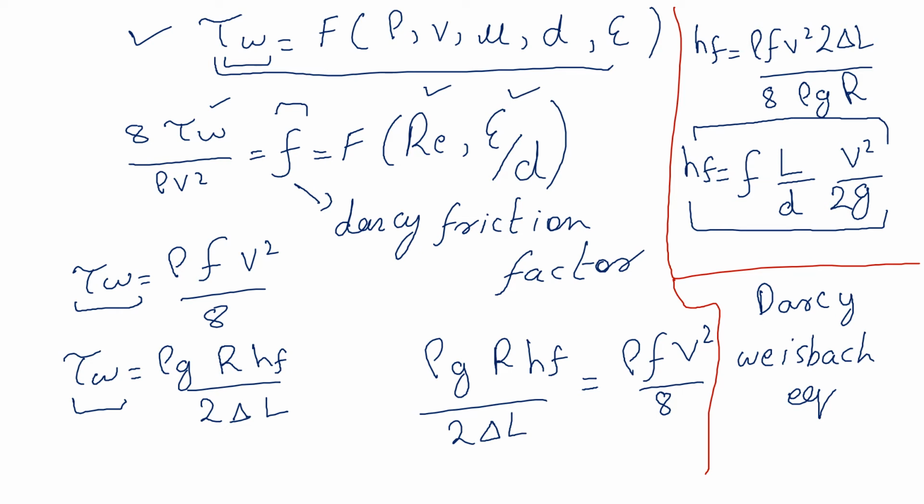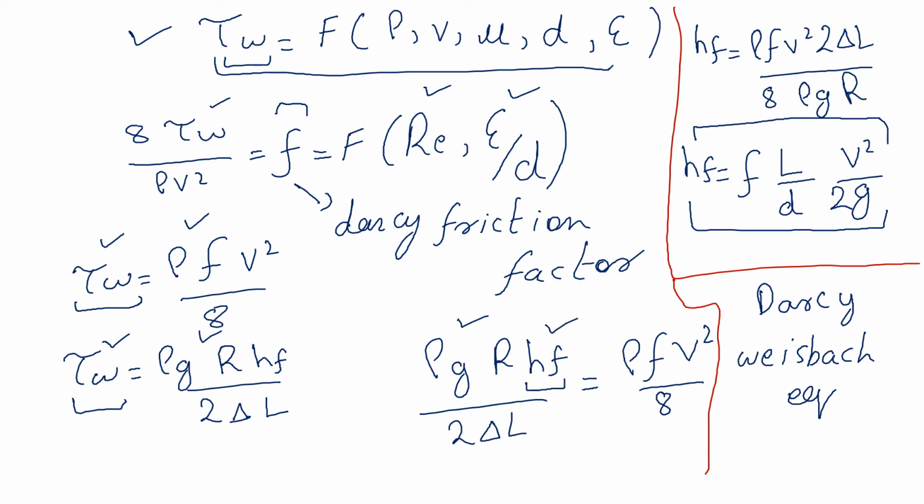Then we compared the shear stress value from our dimensional analysis and the shear stress value from our momentum and energy equation so that we can get our term for our head losses.